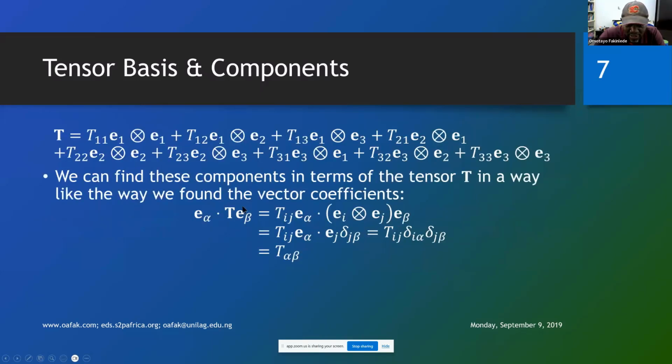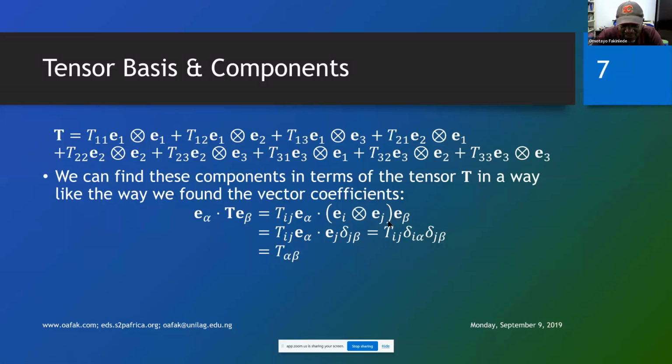That is why we can bring Tij out, because Tij is a scalar. So E alpha is still here, and dot Ei dyad Ej, into E beta. All we have done on this line is change T to Tij Ei dyad Ej, so we can use that to find T.